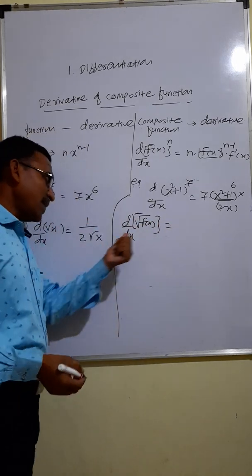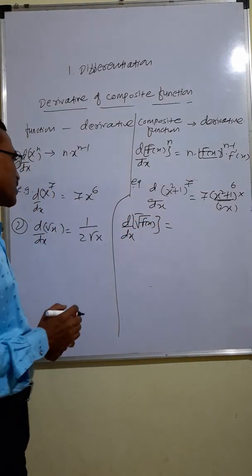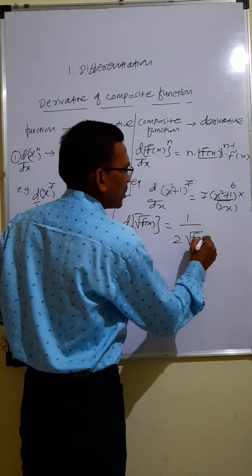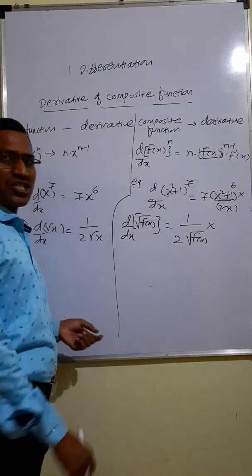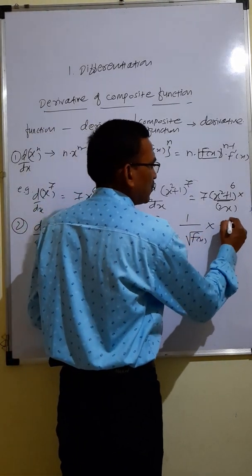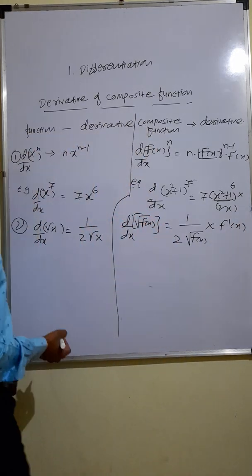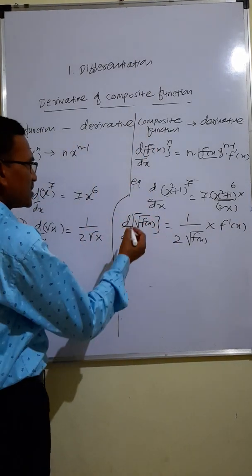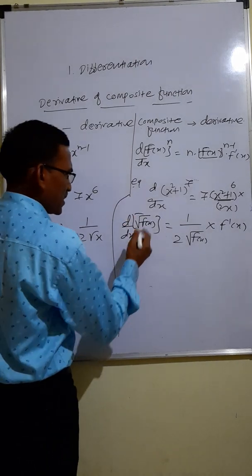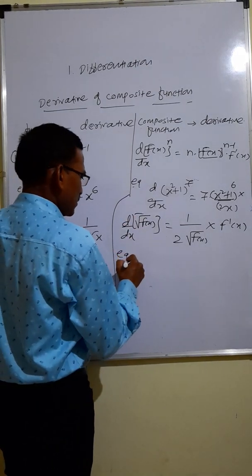And so its derivative as a composite function is 1 upon 2 into root of function f of x, into, by chain rule, the derivative of this function. So we take an example of this function. Here it is so easy, that's why we take this example of a composite function.